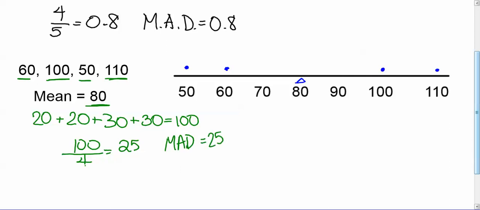All right, so again, what that's saying is typically this kid is getting grades that are 25 points away from this average right here of 80. So typically they're in, I'm going to make a little rainbow here, this section, right?